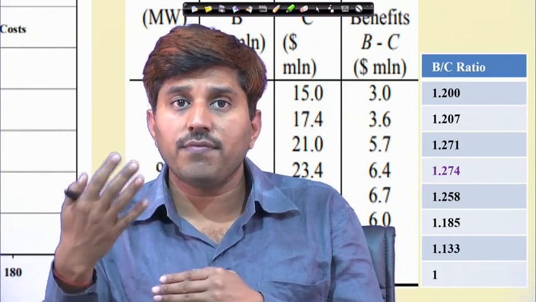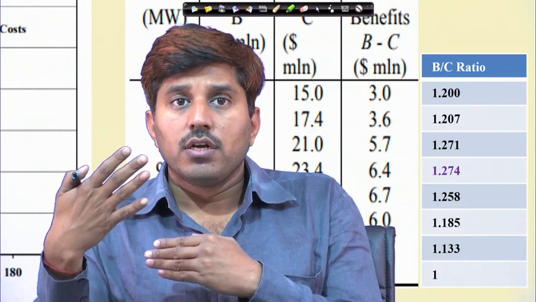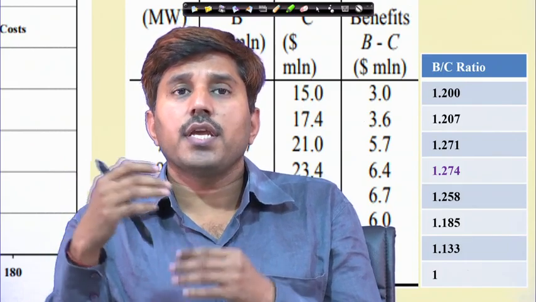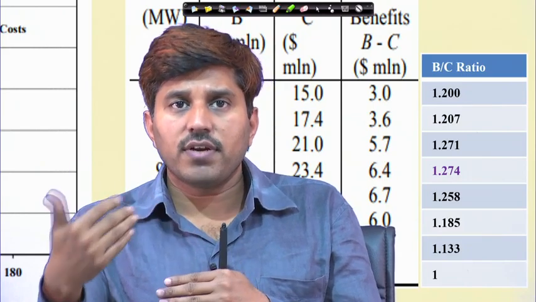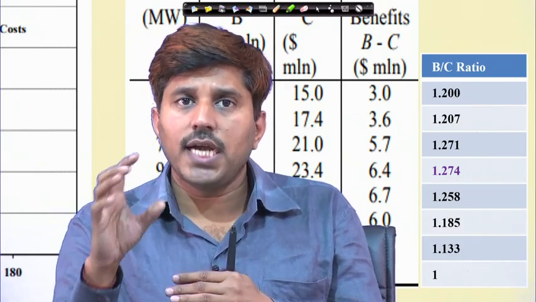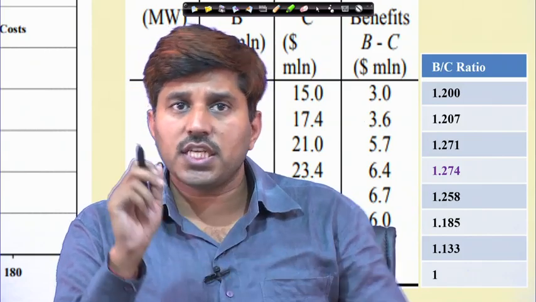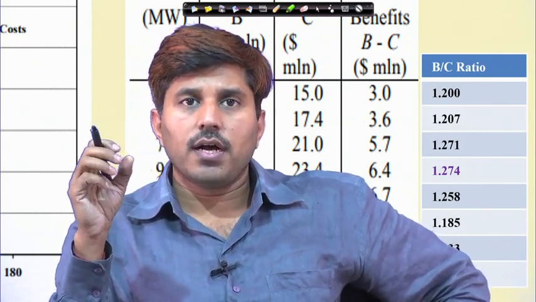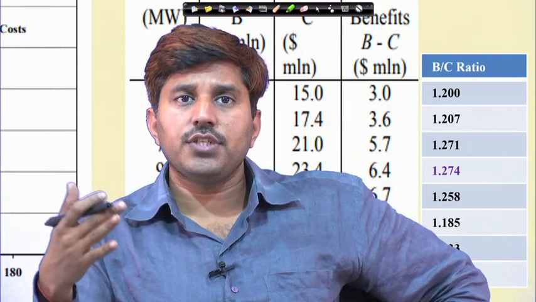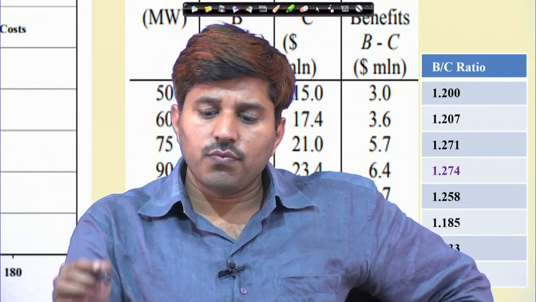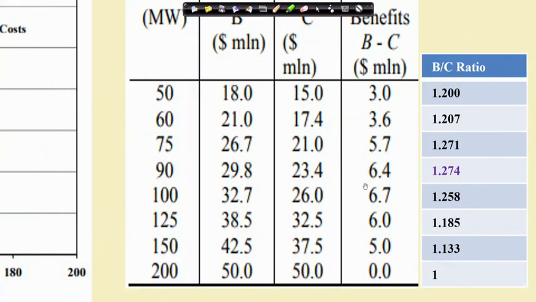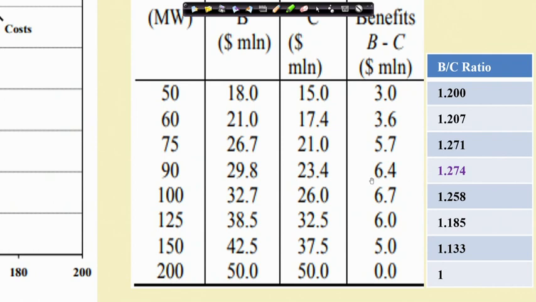So, without going for any additional cost issues, if I can gain the maximum social benefits for whatever cost, that is the ideal case for a government project. In such a case, the incremental benefit cost ratio becomes more valuable, because the benefit cost ratio would suggest that one can go for 90 megawatt production, which is giving the highest benefit to cost ratio.